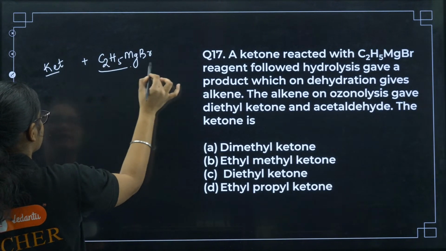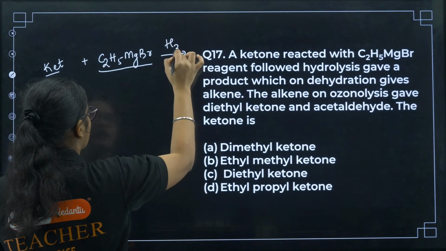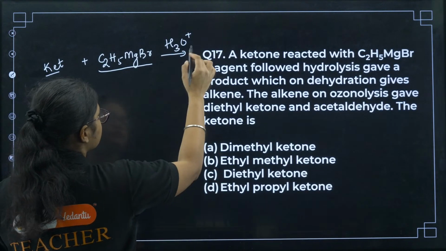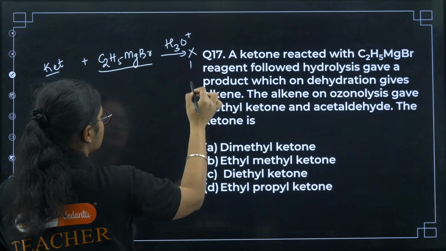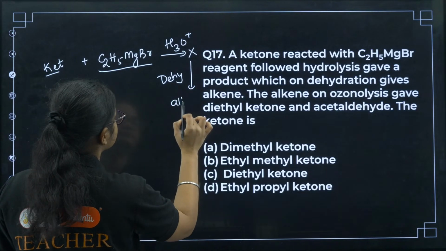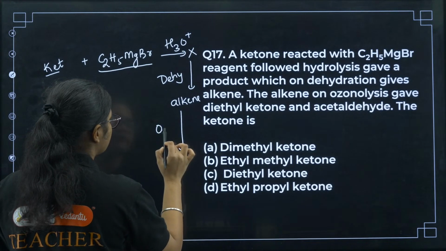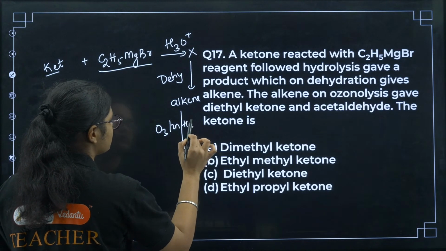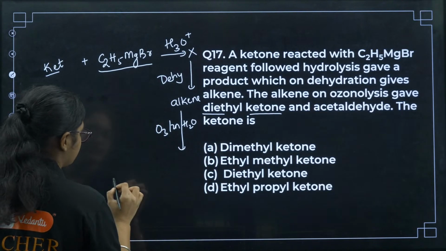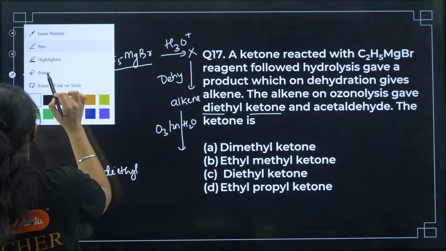A ketone reacts with this followed by hydrolysis to give a product, let it be X, which on dehydration gives an alkene. The alkene on ozonolysis, treated with ozone, Zn/H2O, gives diethyl ketone and acetaldehyde. So let me draw the structure.